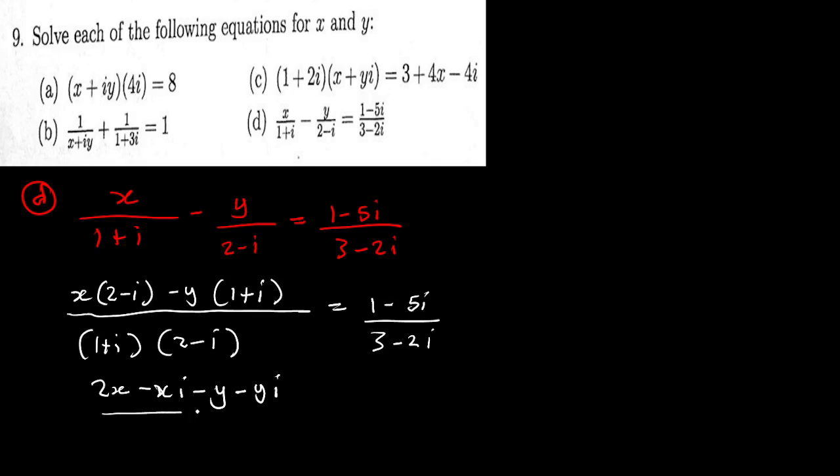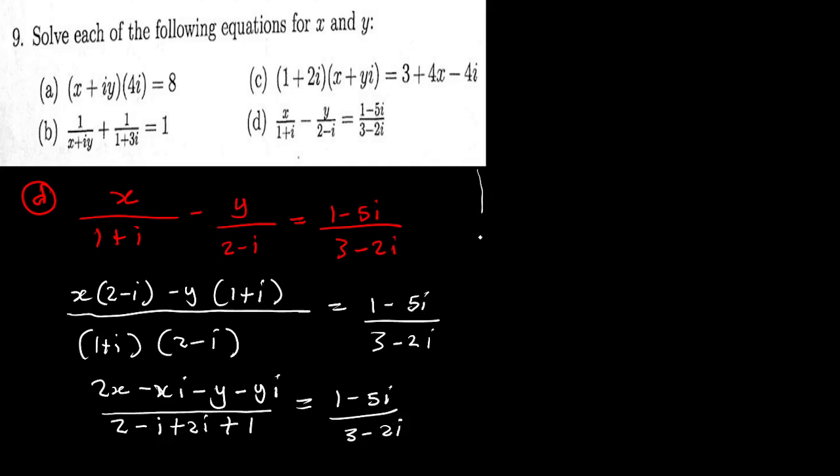Then over, we have this, guys, 1 times 2, it is 2, 1 times negative i, it's negative i, then i times 2, it's 2i, then i times negative i, it's negative i squared, and that will be a positive 1. Then this is equal to (1 minus 5i) over (3 minus 2i).